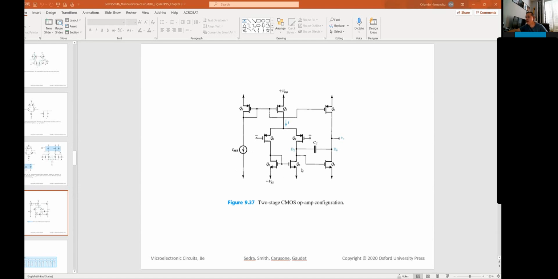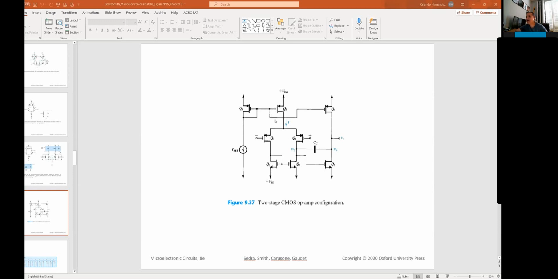And here you have the current mirror that is loading the differential pair to convert from differential to single-ended here at node D2. So it's essentially what we have been seeing, just flipped from top to bottom, okay?